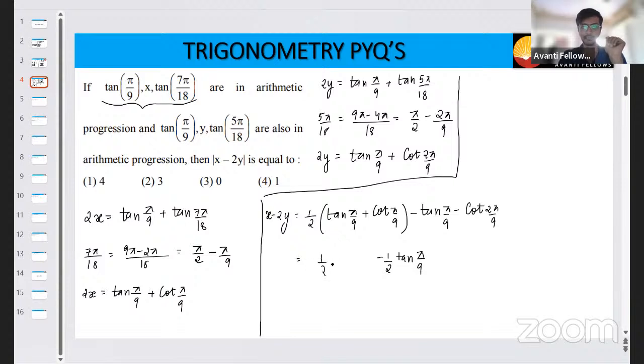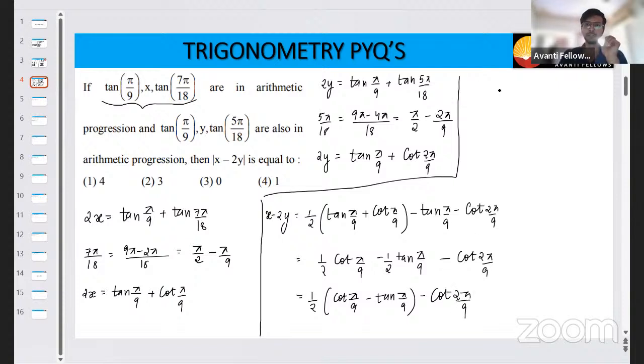Here we can write half cot pi by 9, and this will remain as it is minus cot 2 pi by 9. We can take half common. What will be left with? Cot pi by 9 minus tan pi by 9 minus cot 2 pi by 9.